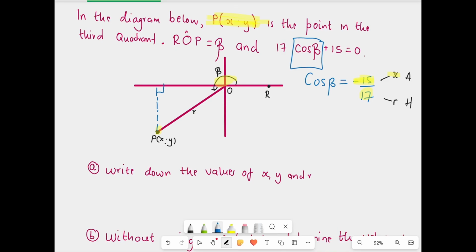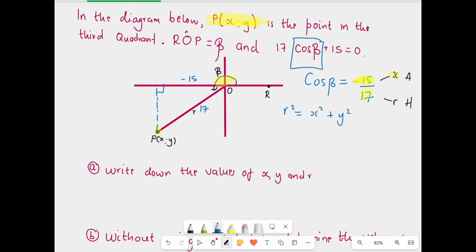So we have our x is negative 15, or we have our adjacent, and then we have our r is equal to 17. We just need to calculate y, or our opposite. So we calculate y using Pythagoras theorem. So r squared is equal to x squared plus y squared.